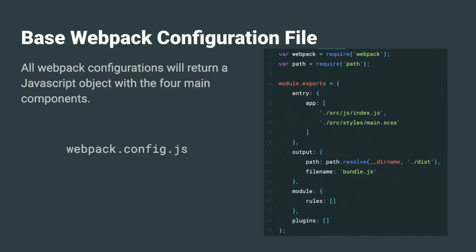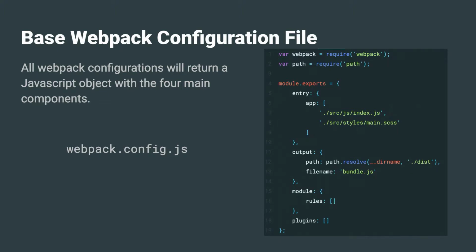All right. Essentially, we're just returning a JavaScript object. You configure Webpack with just a webpack.config.js file. You'll see that there's a whole bunch of boilerplates that you can get started with, but here you can see the basic entry into it. We include Webpack and an absolute path helper.